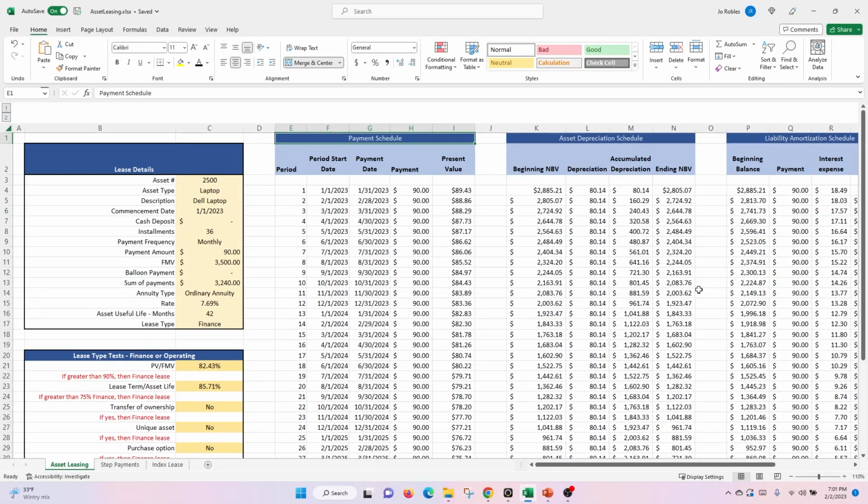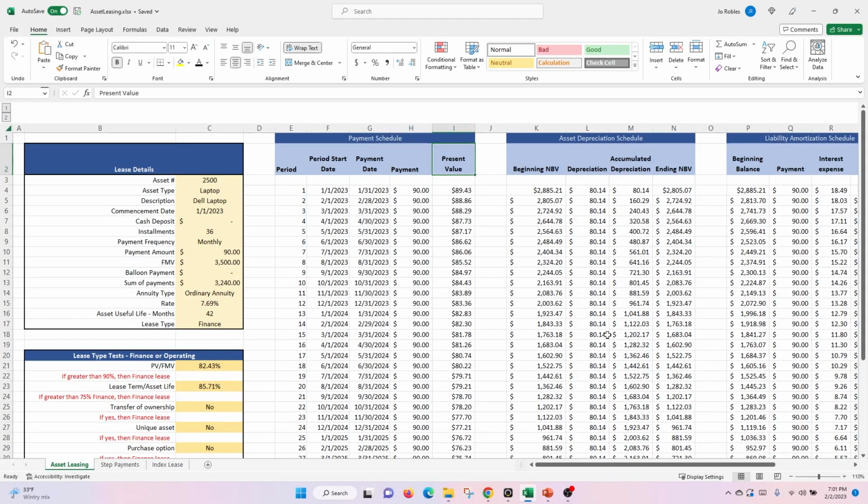So here's a payment schedule. All we're saying is how many periods do we have? In our case, as I said, we have 36. We are keeping track of the period start date, the payment date, and the payment amount. Here, all our payments are $90, so that's pretty straightforward.